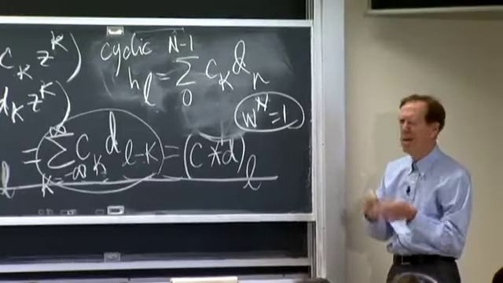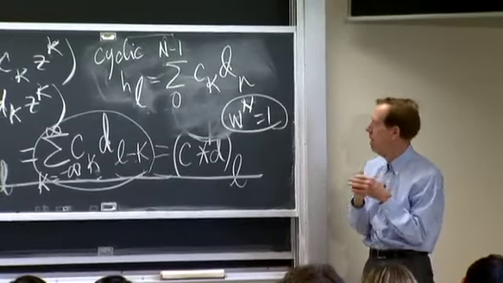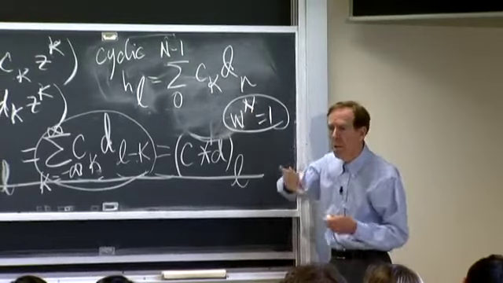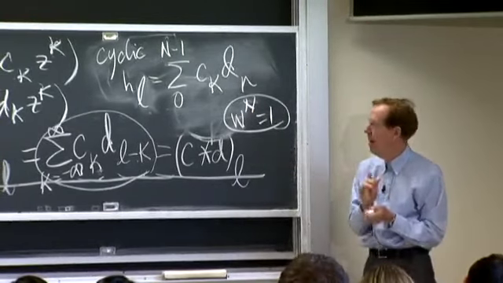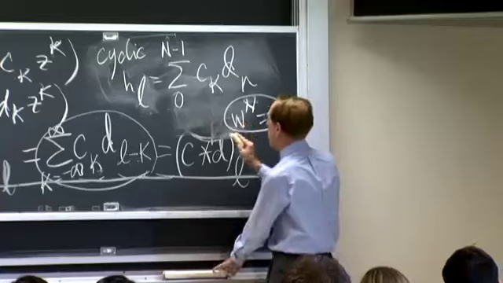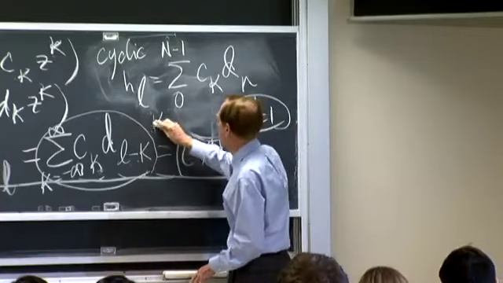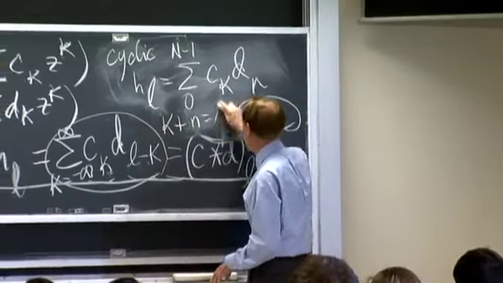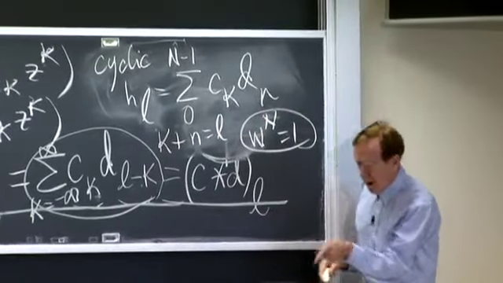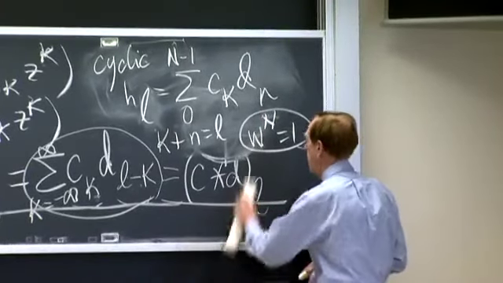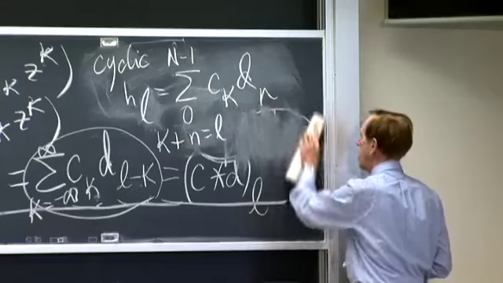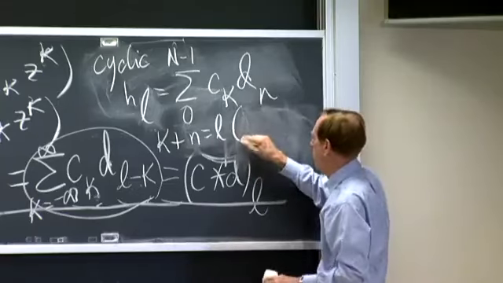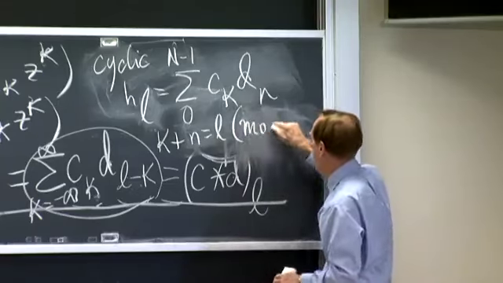We just need the right word to express it. So k, what's the word? Mod. Yes. So that's the word I'm looking for. k plus n is l with wraparound. And wraparound means the nice notation that people use is mod n.